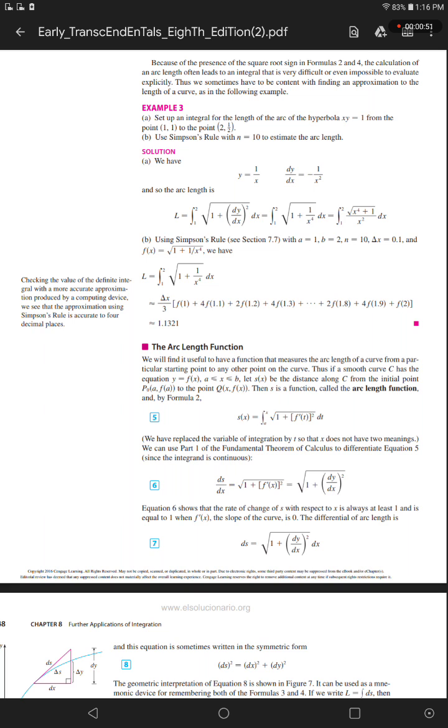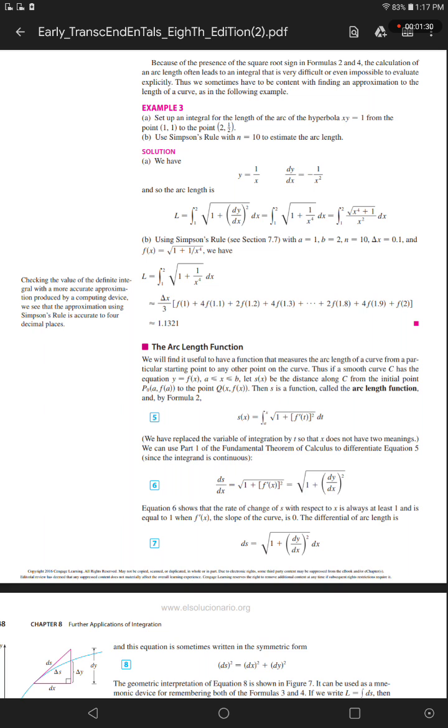And so the arc length is L = the integral from 1 to 2 of the square root of 1 + (dy/dx)² dx = the integral from 1 to 2 of the square root of 1 + 1/x⁴ dx = the integral from 1 to 2 of the square root of x⁴ + 1 over x² dx.